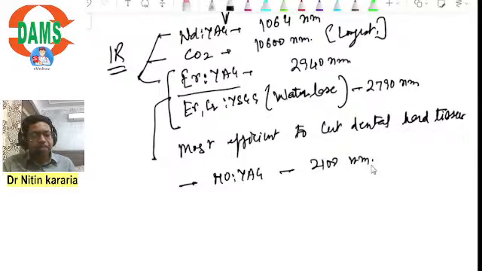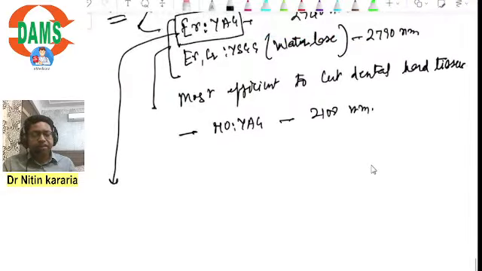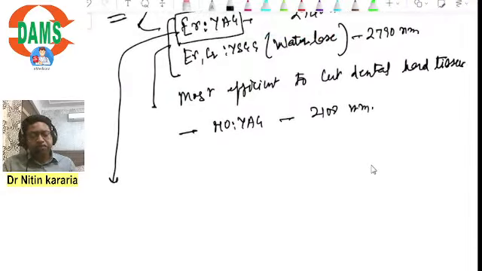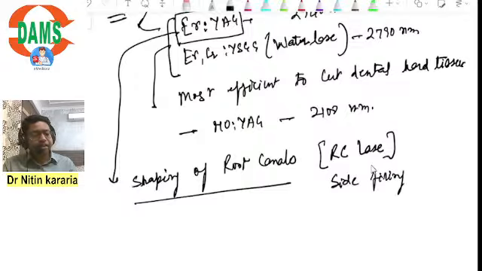Erbium YAG laser, apart from cutting the dental hard tissues, has additional applications. Firstly, it is used for shaping of root canals in the form of RC lasers. RC simply stands for root canal laser, which is a side firing laser tip.